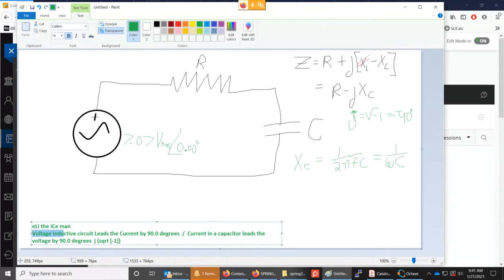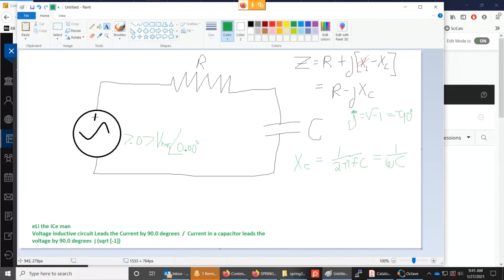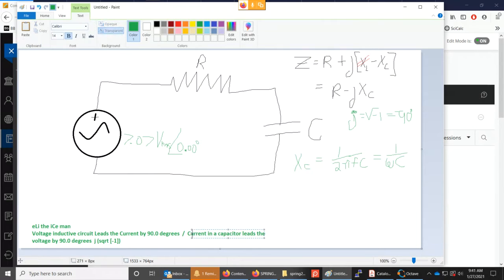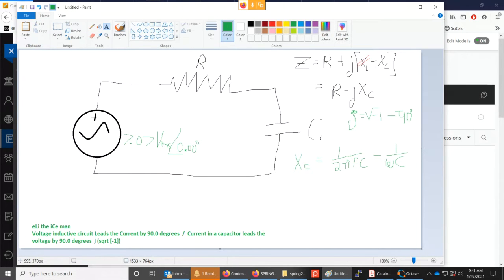And so if it's an inductive circuit, the voltage is 90 degrees ahead of the current. And in a capacitive circuit, or in a capacitor, so right here in this capacitor piece, the voltage is behind, right? The current is ahead of the voltage, or the voltage is behind the current. Okay? Either way you want to say it.